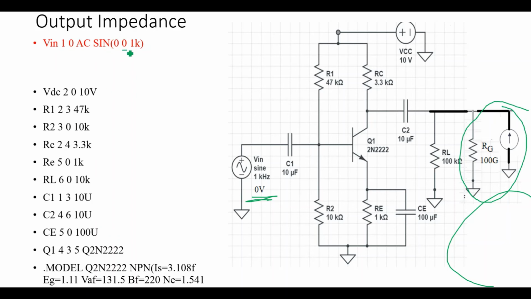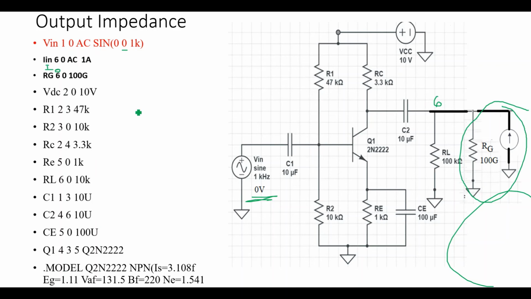Instead of 5 milli, we have made it as 0 because it is connected to ground, and your IIN over here we can write as IO, indicating that it is about output impedance, and it is connected between, this was your node 6, so it is connected between 6 and 0, and RG is also connected between 6 and 0.